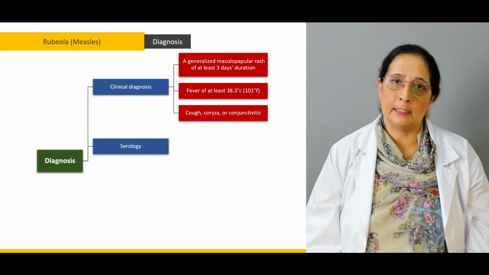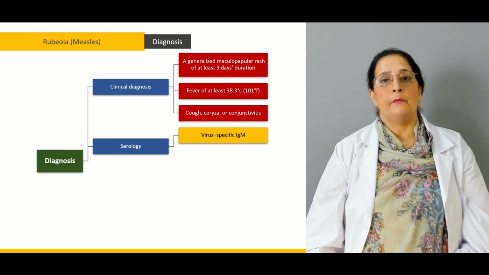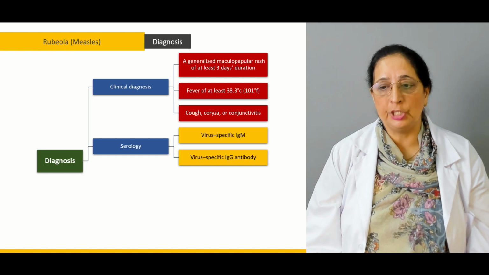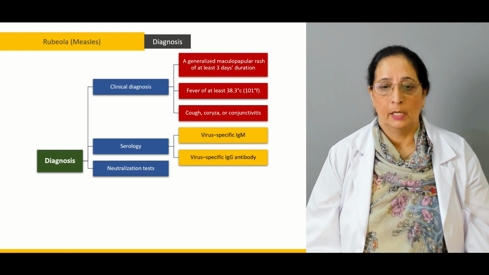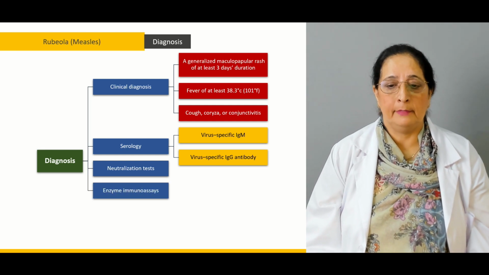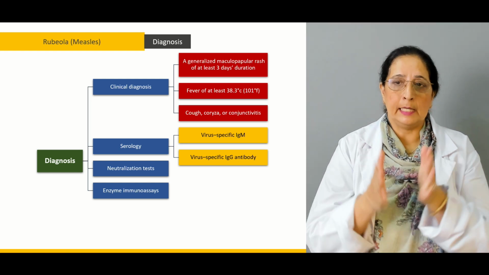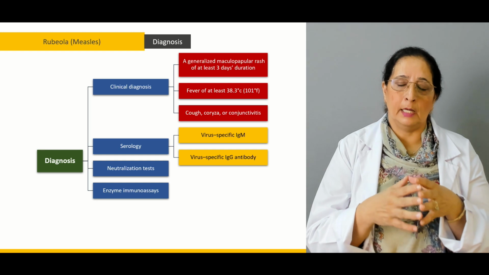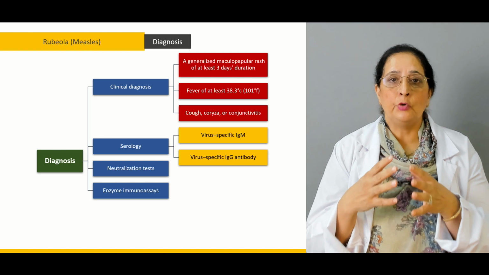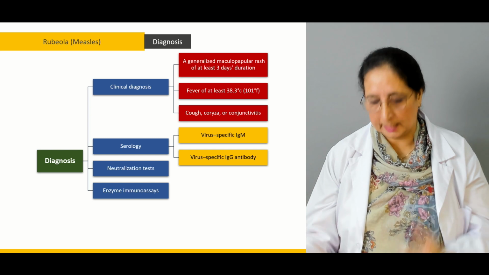Serology, the blood test done on the serum, we check virus-specific IgM levels and IgG antibody. Neutralization test, and then we have enzyme immunoassay test. So clinical diagnosis, and then the other methods of diagnosis, which are serology, neutralization test, and enzyme immunoassay test.